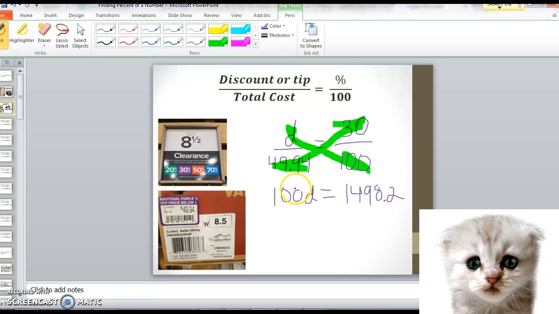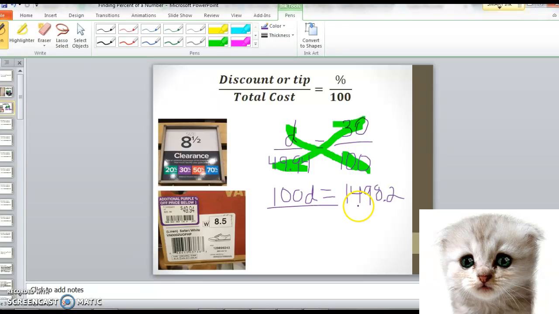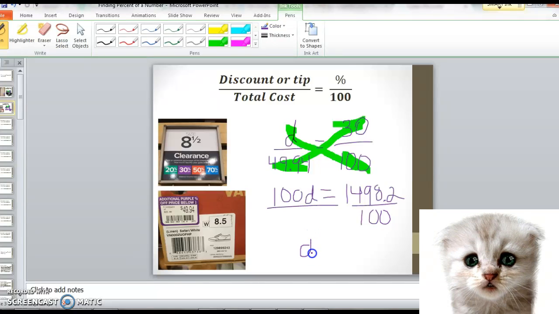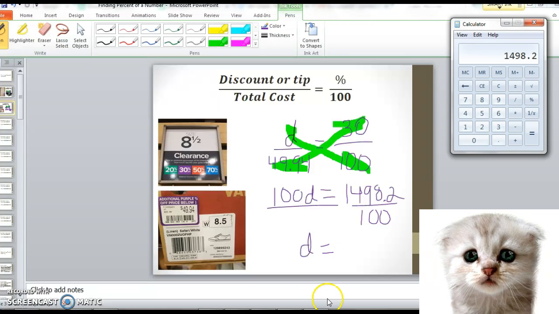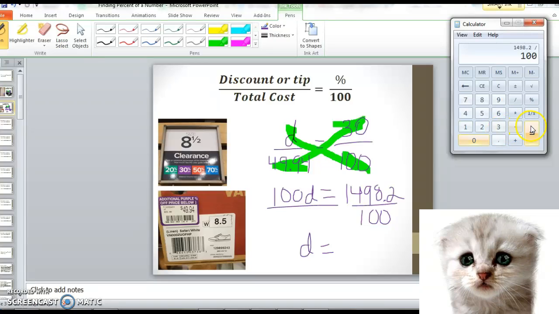Then my last step, I'm going to divide both sides by 100 to cancel out D. So D, or my discount, which represents how much I'm saving, is about $14.98.